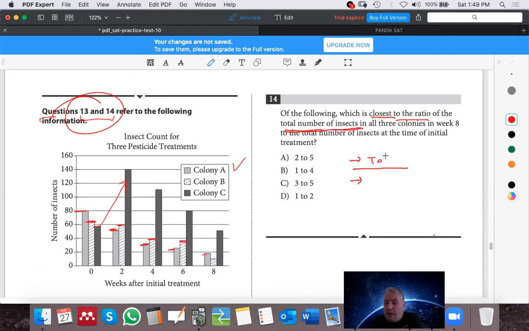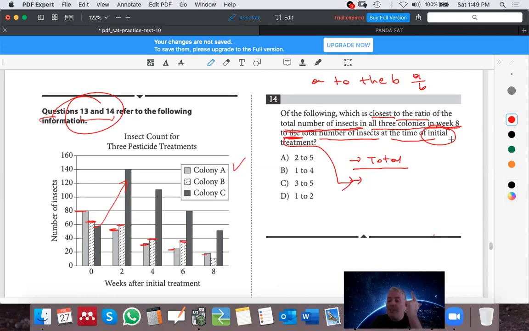So here, total number in week 8, total number of insects in all 3 colonies in week 8 to the, after to the means it is now denominator. So ratio of A to the B means A over B. So to the total number of insects at the time of the initial treatment.